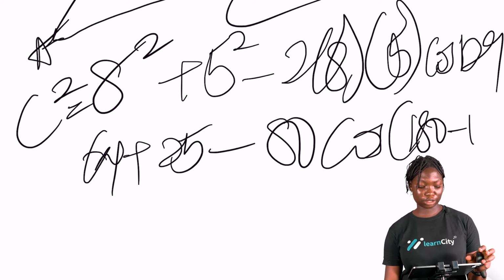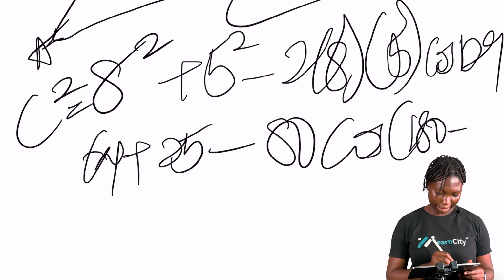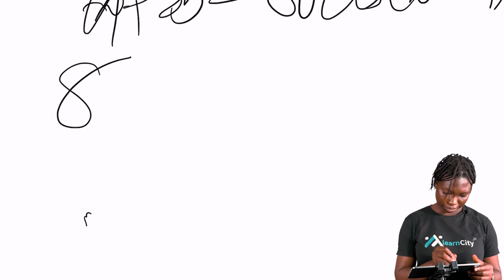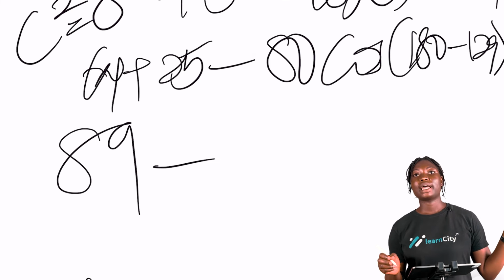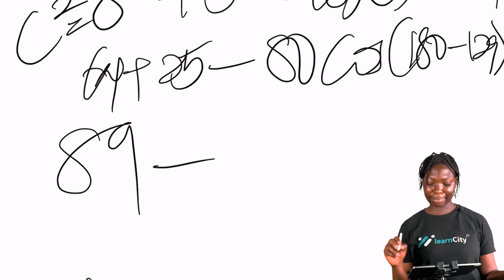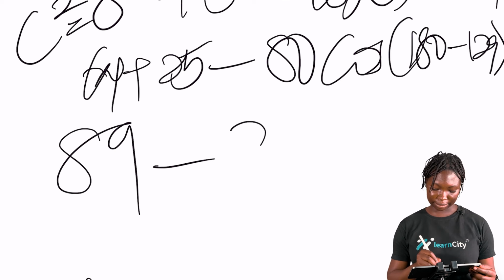So here we have it to be 89 minus 80 times minus cos 41.